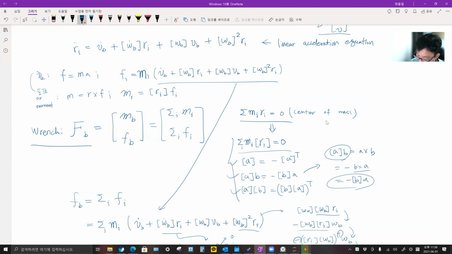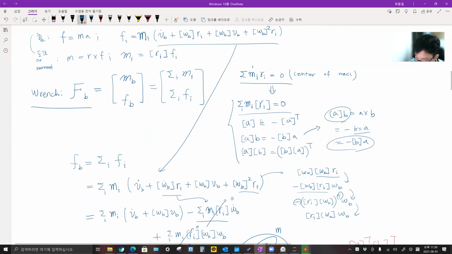So we can make this kind of equation, because m is a scalar value. Even though we take the skew symmetric matrix here, it becomes 0. And also we will change this equation.